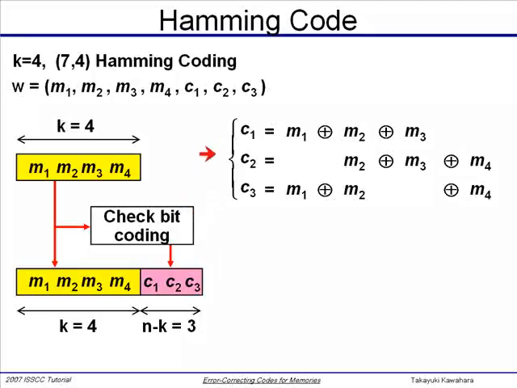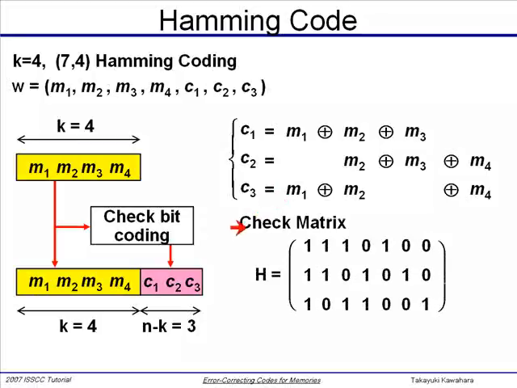C1, C2, C3 is a cyclic change of the first element: M1, M3, M2, M3, M4, M4, M1, M2. This also can define the check bit, and this is based on this equation.